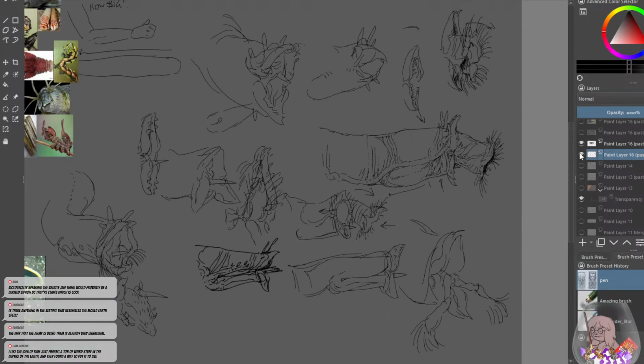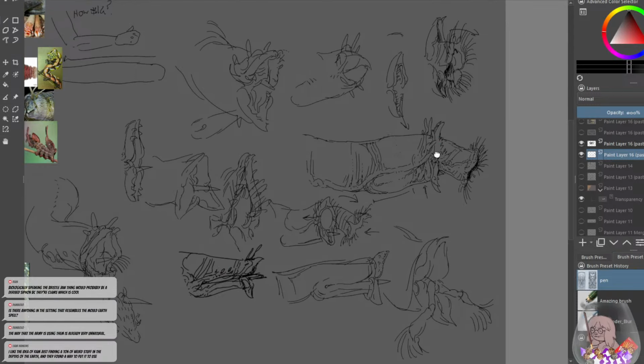Yeah, I'm happy that I have the jaw shape down.